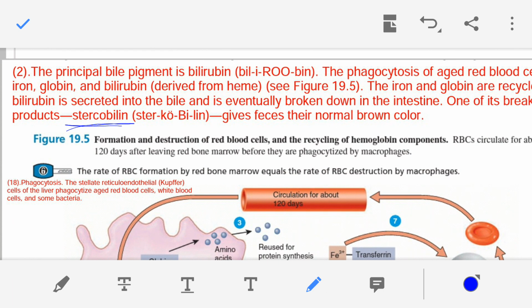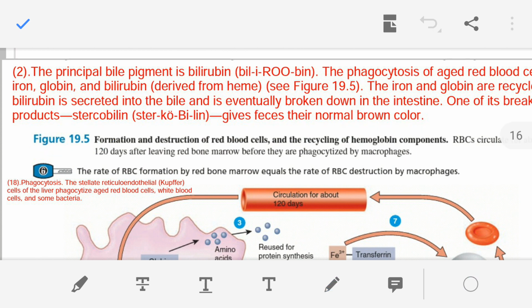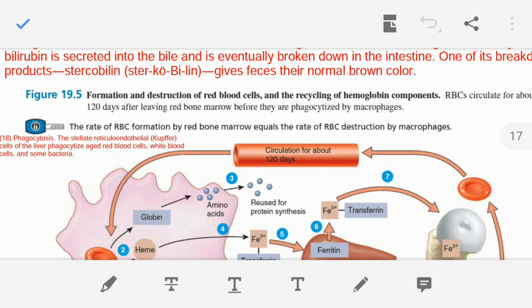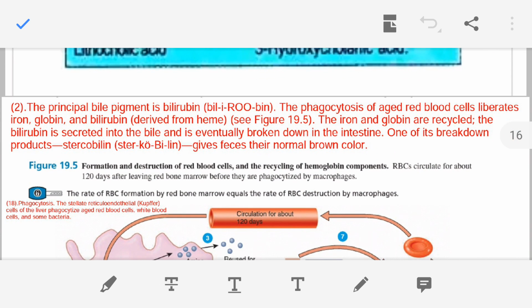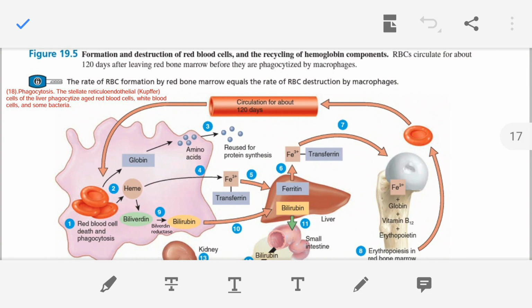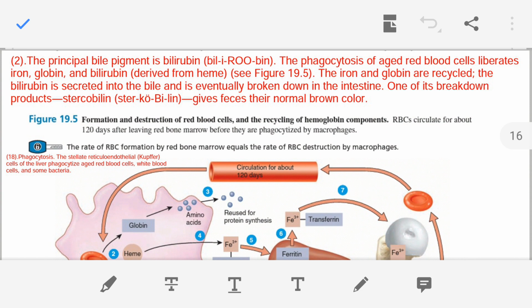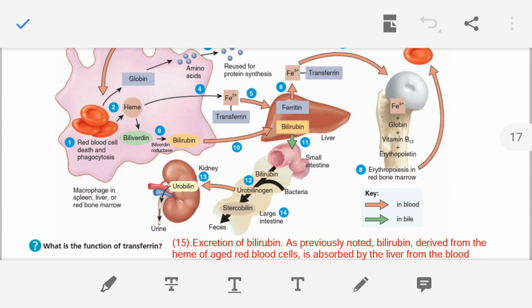Stercobilin is giving the feces the normal brown color. So for the brown color of the feces, the stercobilin is responsible, and we have learned now how this stercobilin is produced from the bilirubin. So this was the second point of our today's discussion.